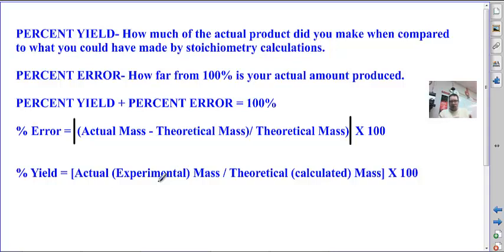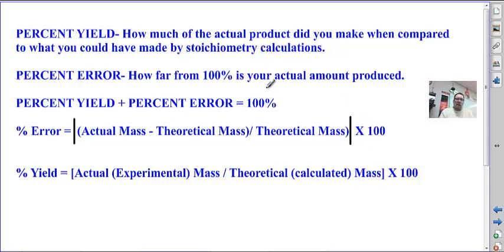You would have that number from getting the mass at the end of the lab, or on a test or a quiz or a worksheet, you'd have to be told what that experimental mass is. You divide that by the theoretical mass. The theoretical mass is always the one you calculate from stoichiometry on paper that says, this is what I could make from a balanced equation, and then multiply by 100.